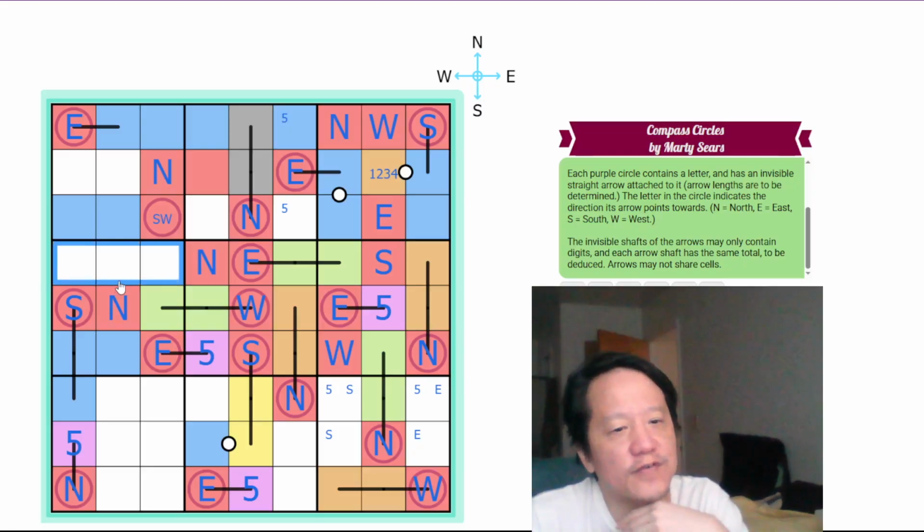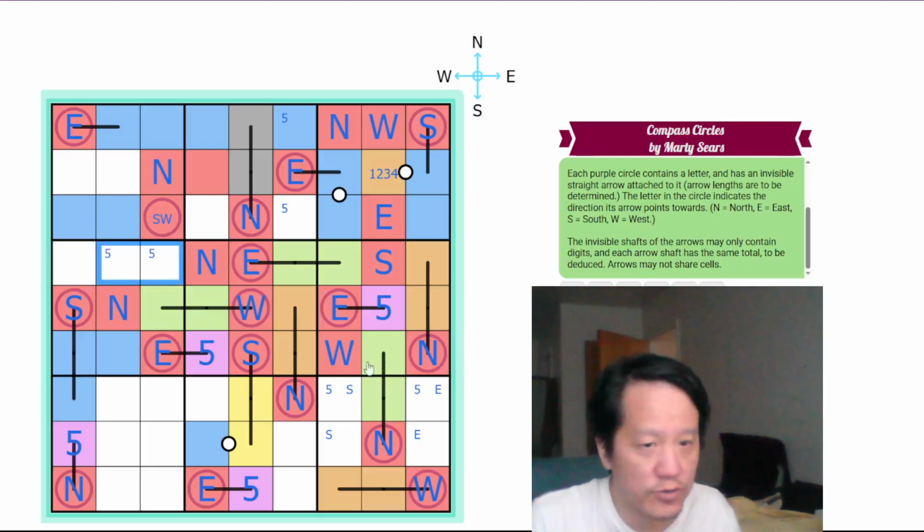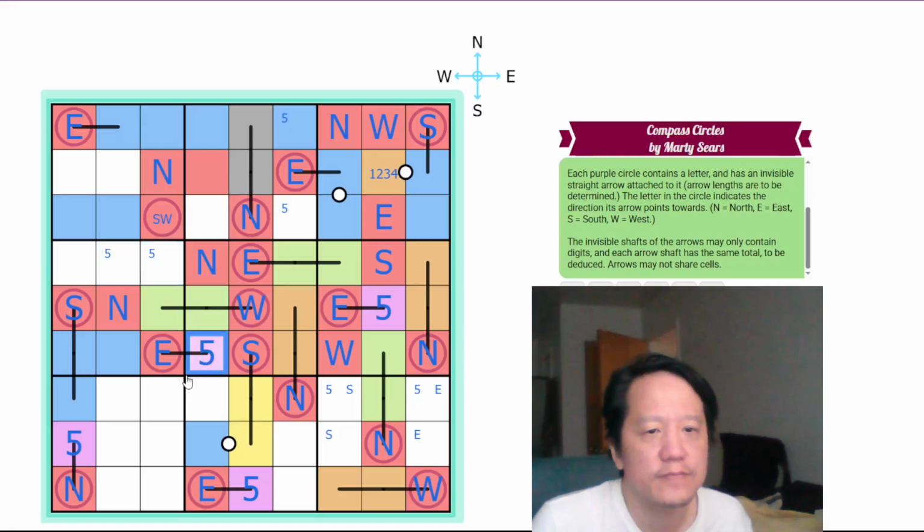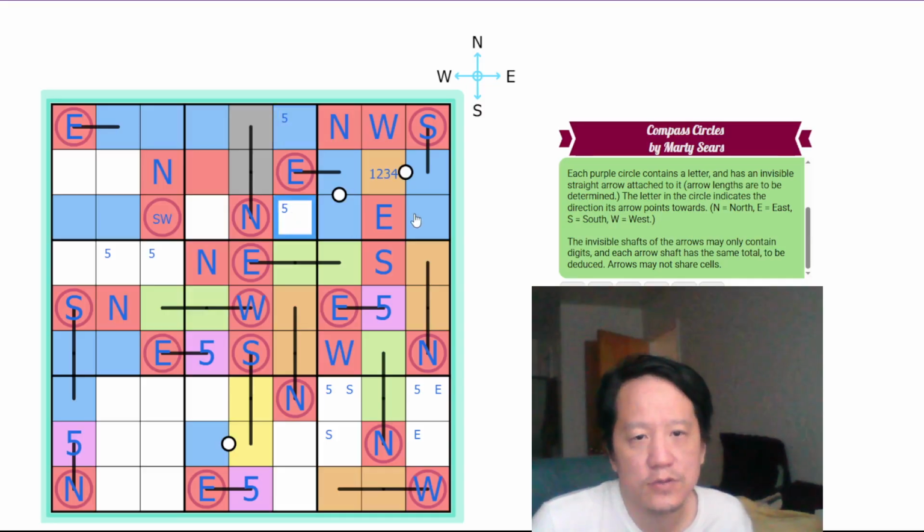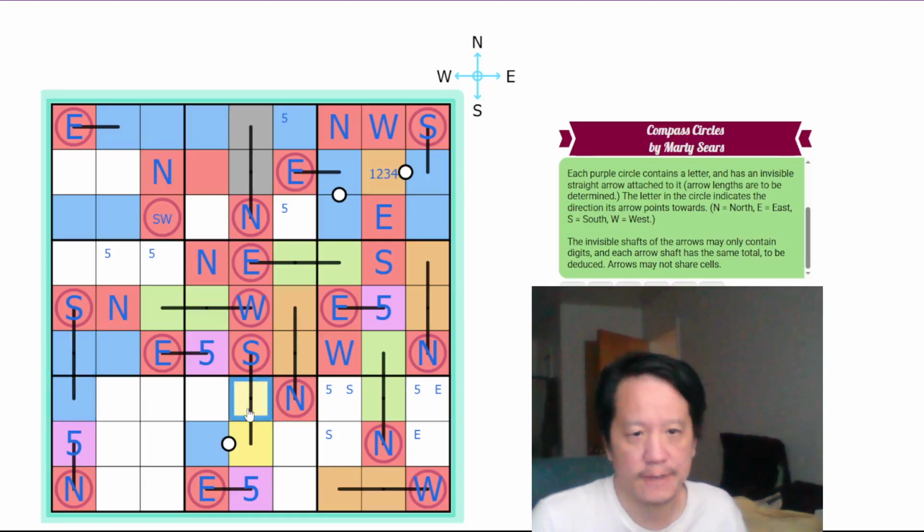One of these is a 5, but this can't be 5 there, so one of these 2 is a 5. 5 can't be here. It's one of those 2. 5 is one of these 4. This has to be an orange-green combination, but we don't know which one this is. Okay.